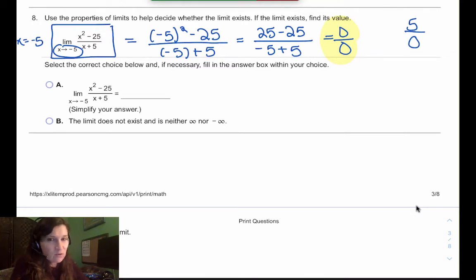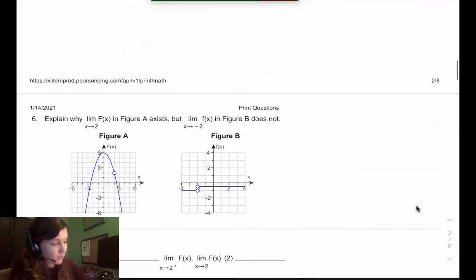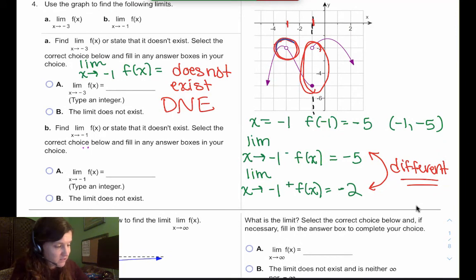But the 0 over 0 actually tells us that there's going to be a hole in the graph, just like the example we had just done from the homework. It tells us that something like what happened at x equal to -3 is happening with our graph. So that means it's not defined there, but the limit does exist. So we need to do a little bit more work to simplify so that the limit does exist.